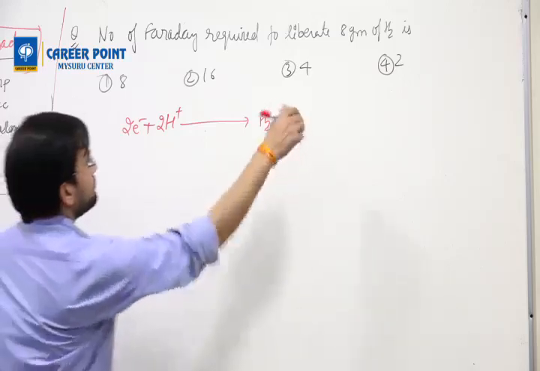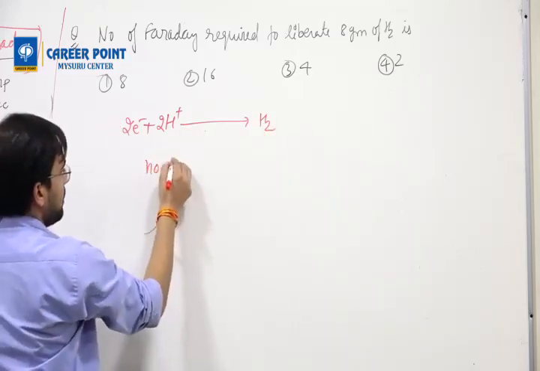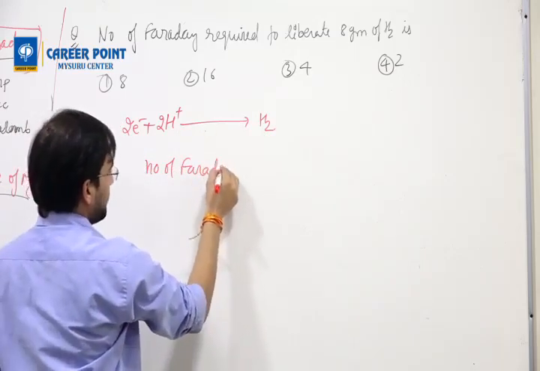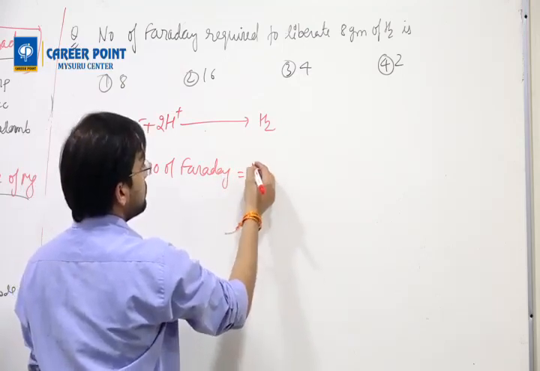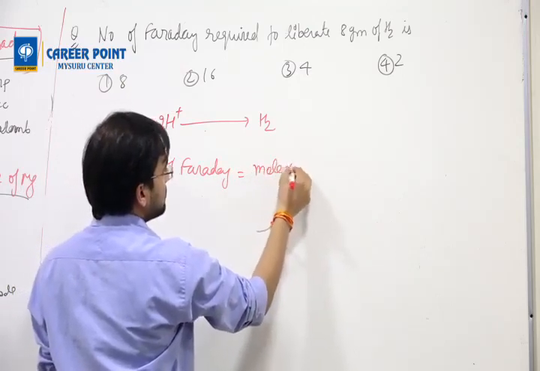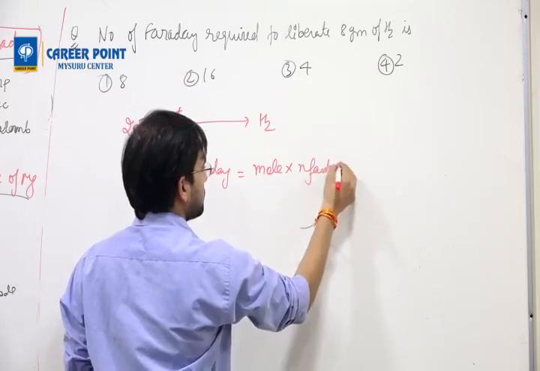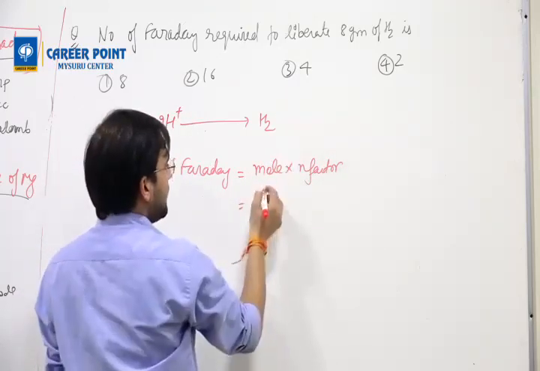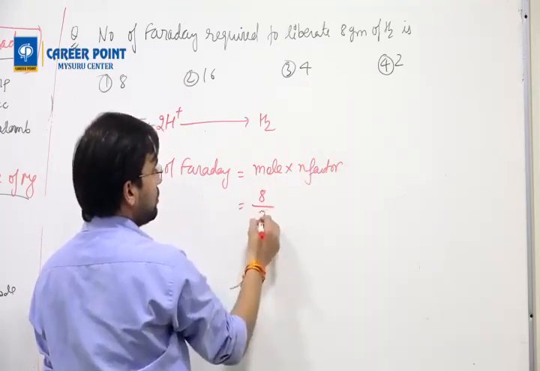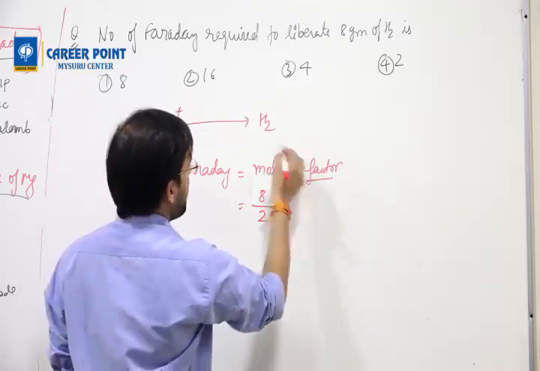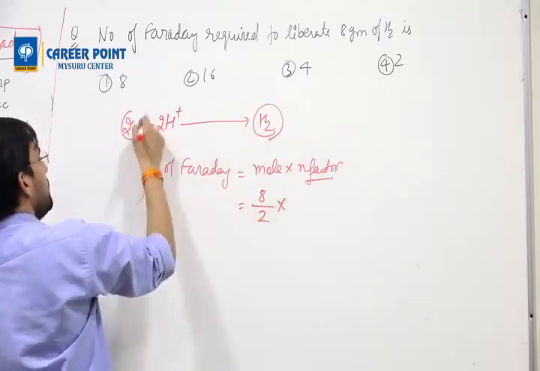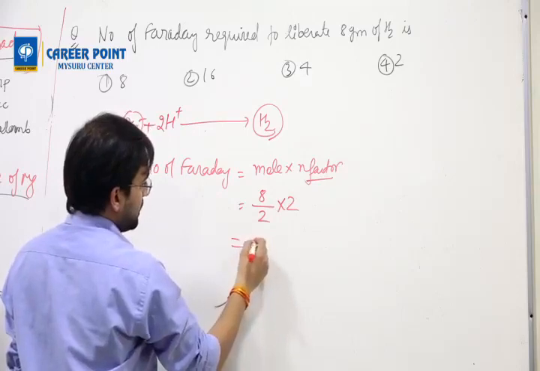Now number of Faraday equals moles into N factor. Moles is 8 by 2 for H2, into N factor of H2, which is 2 electrons, so 2. So 8 Faraday.